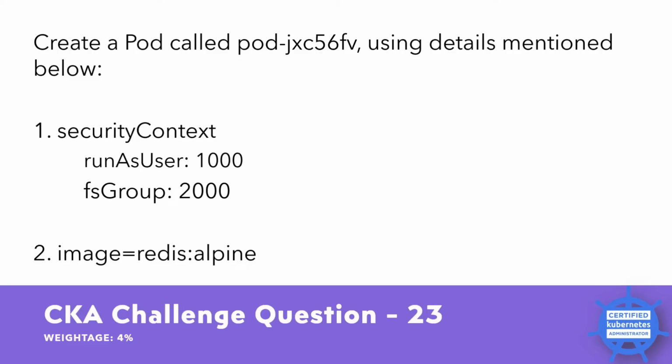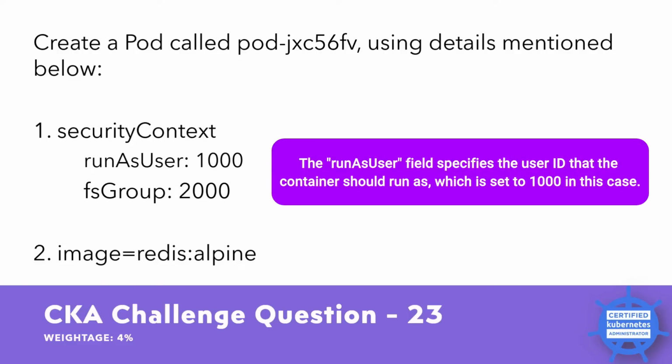This question is asking you to create a Kubernetes pod named pod-JXC56FV with two specific details: a security context with two fields set, run as user and FS group. The run as user field specifies the user ID that the container should run as, which is set to 1000 in this case.